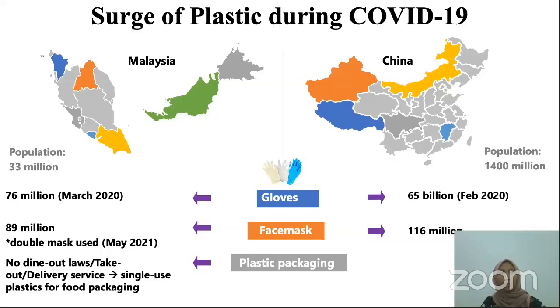Here we compare the PPE used in Malaysia and China respectively. The demand for face masks saw up to 160 million in February 2020 in China, with a population of 1.4 billion people.